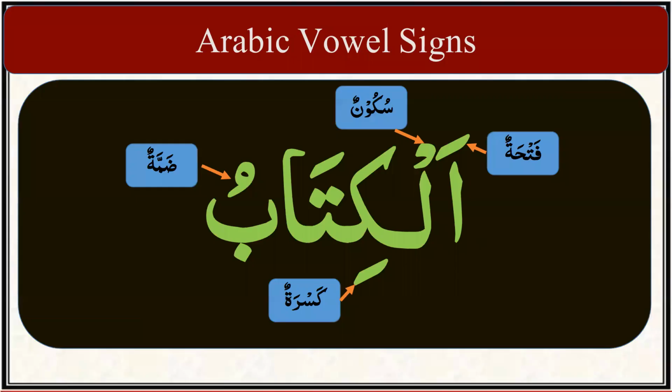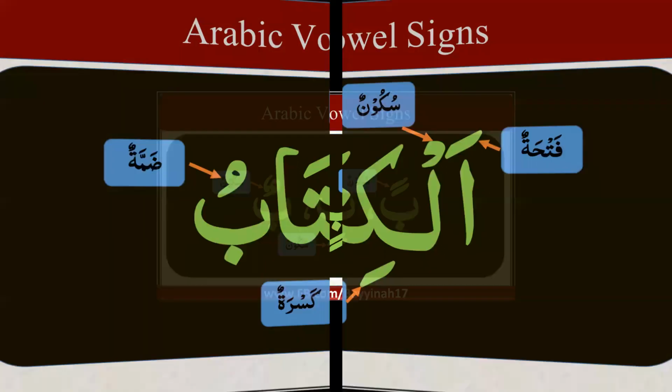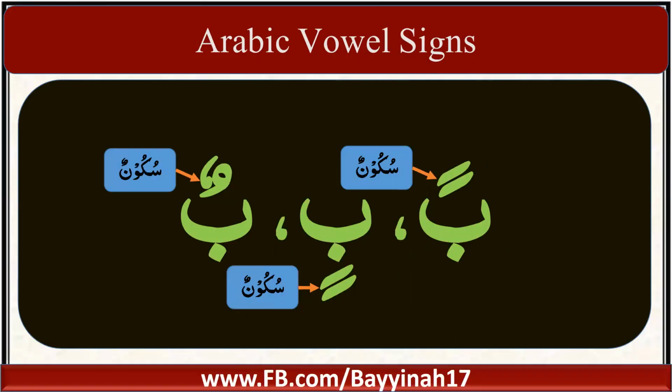Now, these are the examples. Al-kitabu: in this, the first Hamza has fatha, then Lam has a sukoon, Ta has a kasra, and Ba has a damma. And if there are 2 harkat, that is 2 fatha, 2 kasra, and 2 damma, these are called tanween.